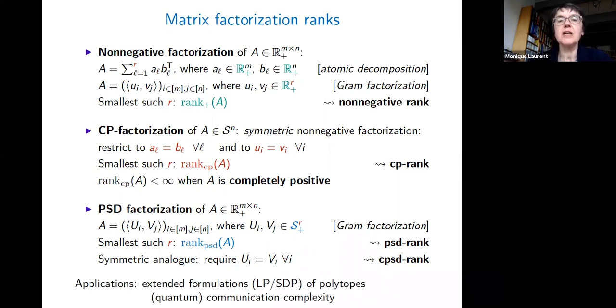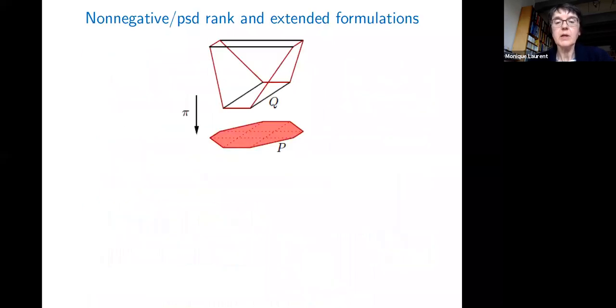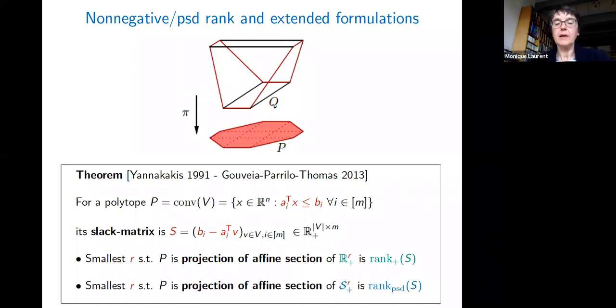And I just want to illustrate this. These matrix factorization ranks have applications to extended formulations and to communication complexity or quantum communication complexity. Maybe in the interest of time, let me just mention very briefly that computing the non-negative rank and the positive semidefinite rank has a direct application to computing the smallest size of extended formulations.